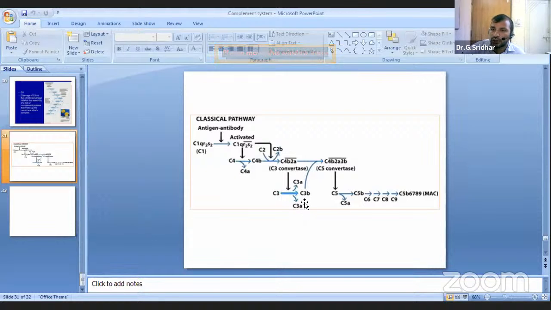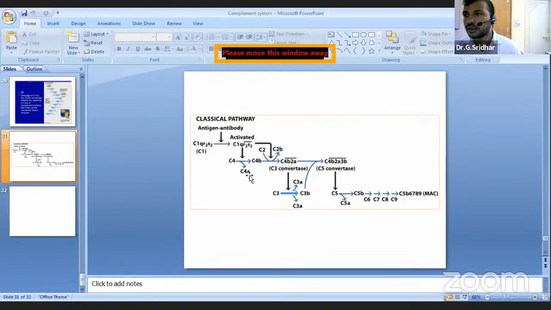Please change here, this is C3b. The C3a works as an anaphylactic factor, and the smaller subunit will go and bind to different types of macrophages or immune cells and activate other immune cells and recruit the immune cells at the area of infection to clear the immune complexes.